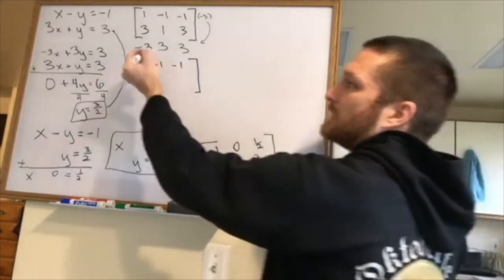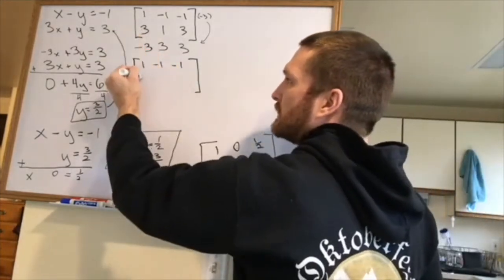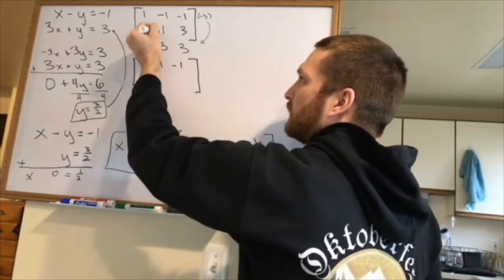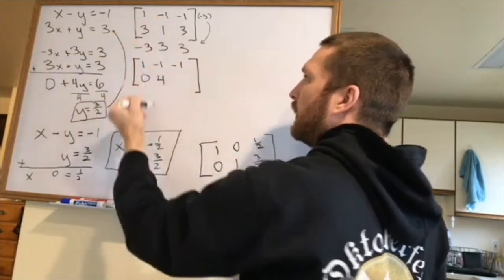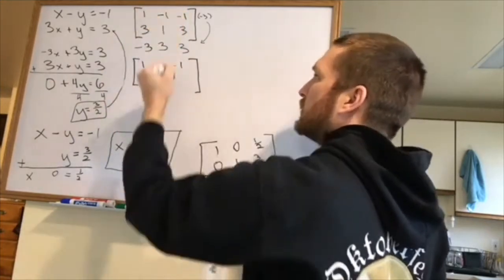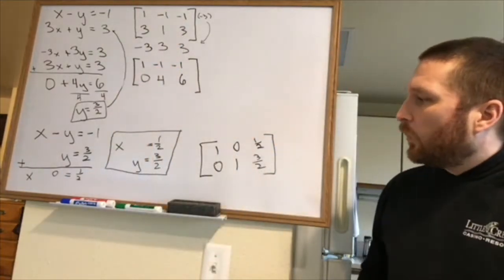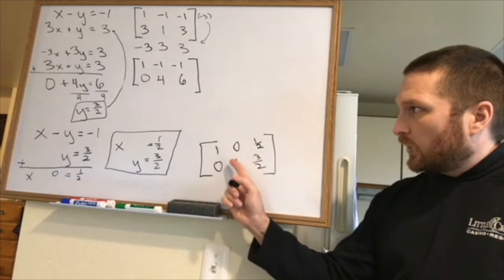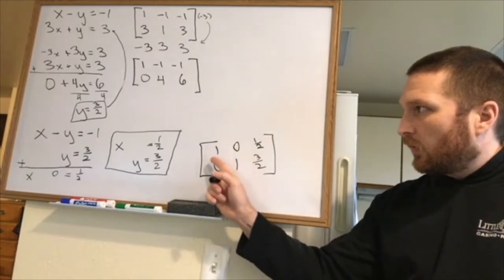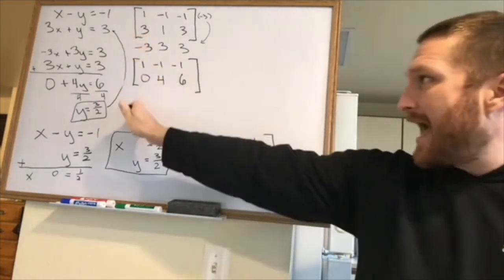So I'm going to say -3 plus 3 is a 0. +3 plus 1 is a 4. +3 plus 3 is a 6. Okay, we're getting close. Now it's looking a lot like what we want, at least that column.